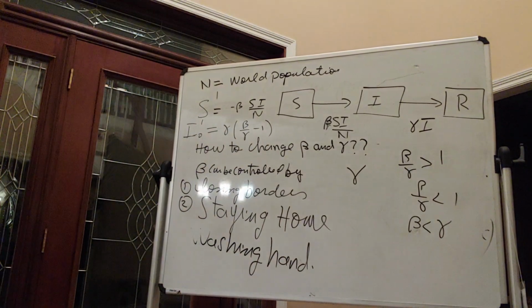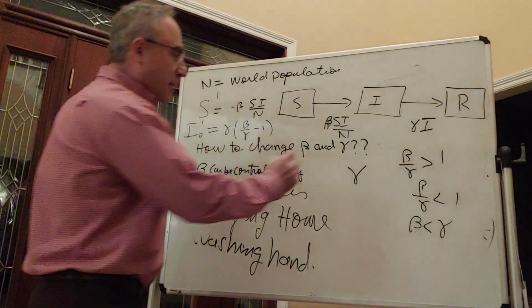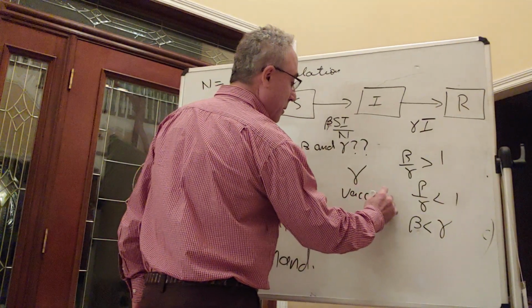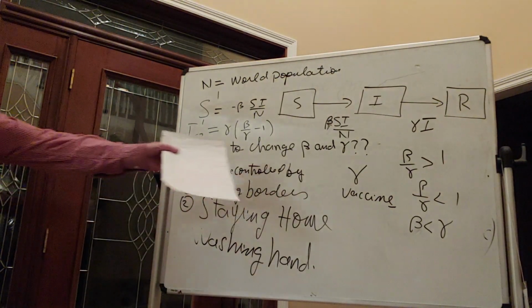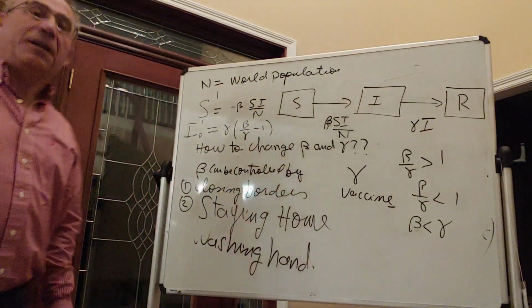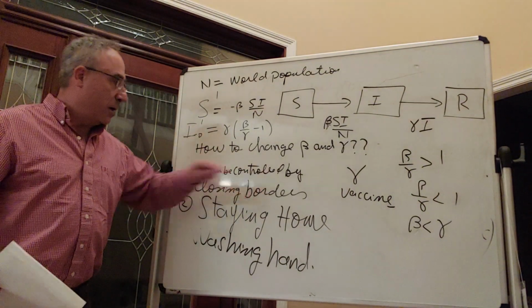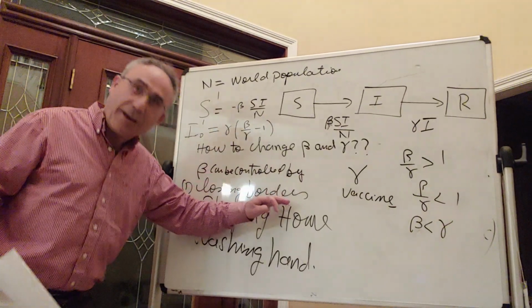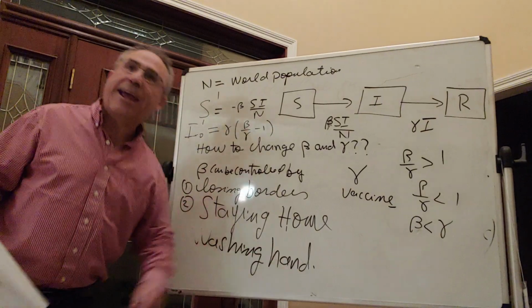So this is what we can do. And gamma can only be controlled by vaccine. So beta, we have total control over beta. Closing borders, including airports. Are you listening? Including airports. Staying home, washing hands.